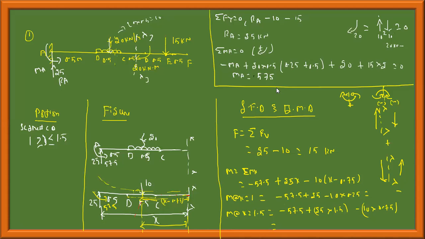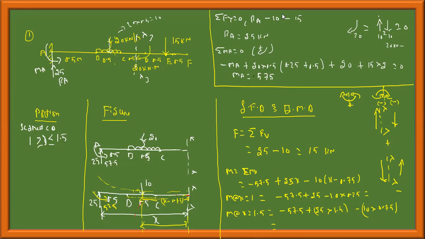Mekala? How much? Ravindra? Why are you unable to calculate minus 57.5 plus 25 minus 10 into 0.25? Yes, tell me, Dhruti. What is your doubt, Dhruti? Tell me, how much?